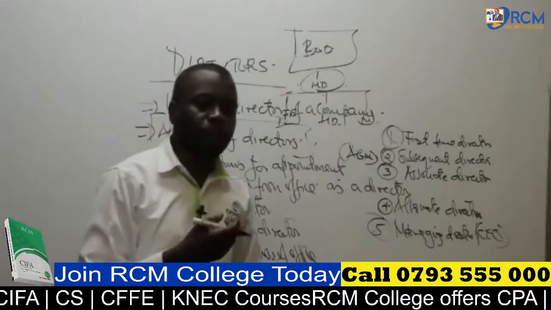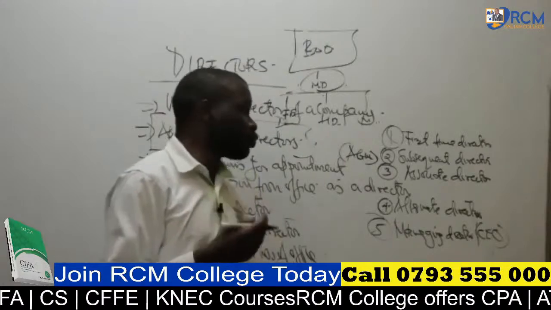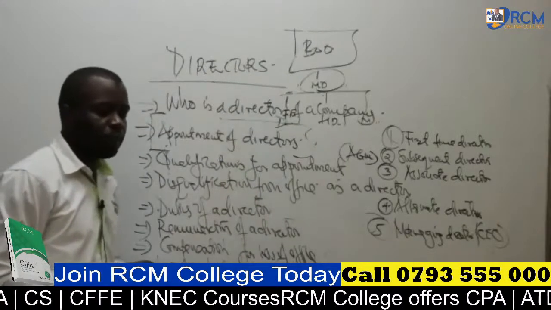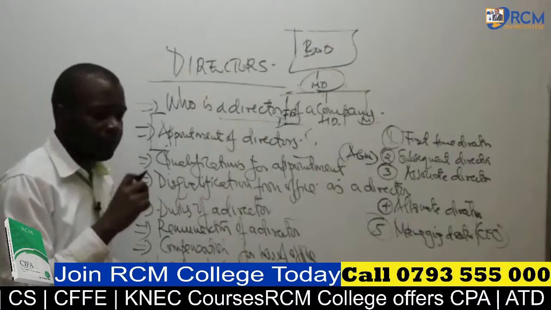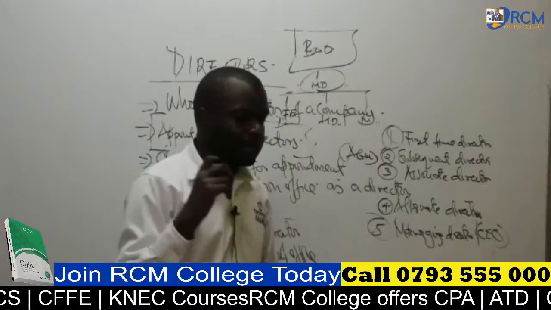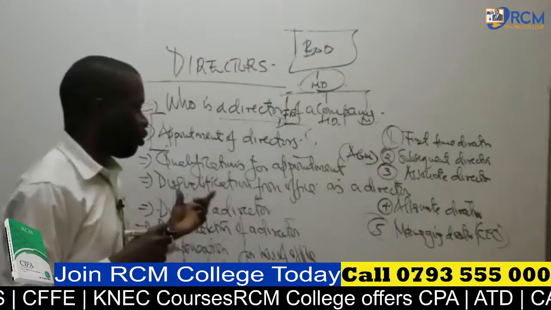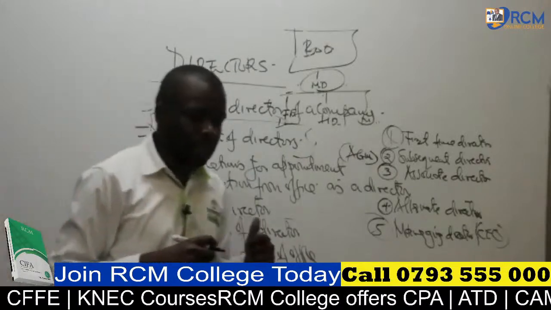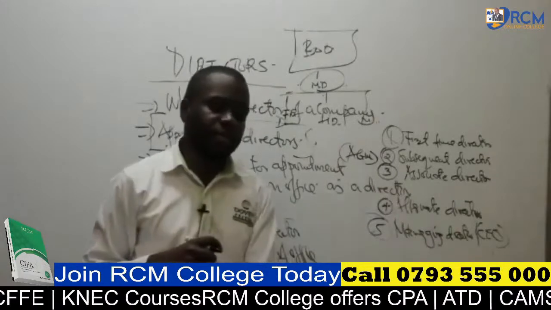So they appoint directors to oversee the functions or operations of the company. That's why, even under meetings, in the annual general meeting there will be the appointment, reappointment, or removal of directors.